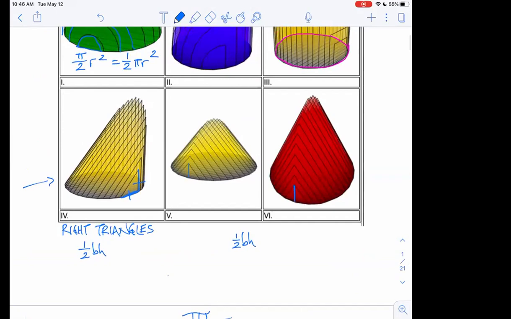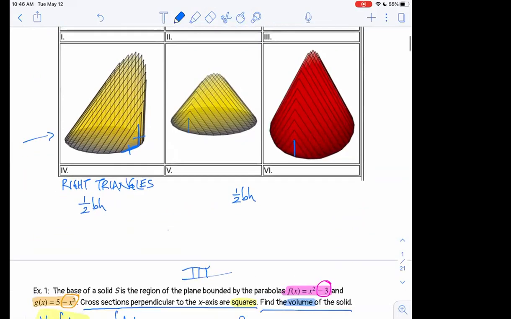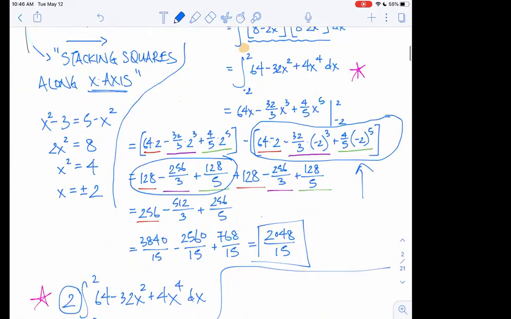In question number 2, what is that line going to represent? The base. Yeah, the base of the triangle. And that's actually going to be the same as the height of the triangle. So let's go back to example 2.